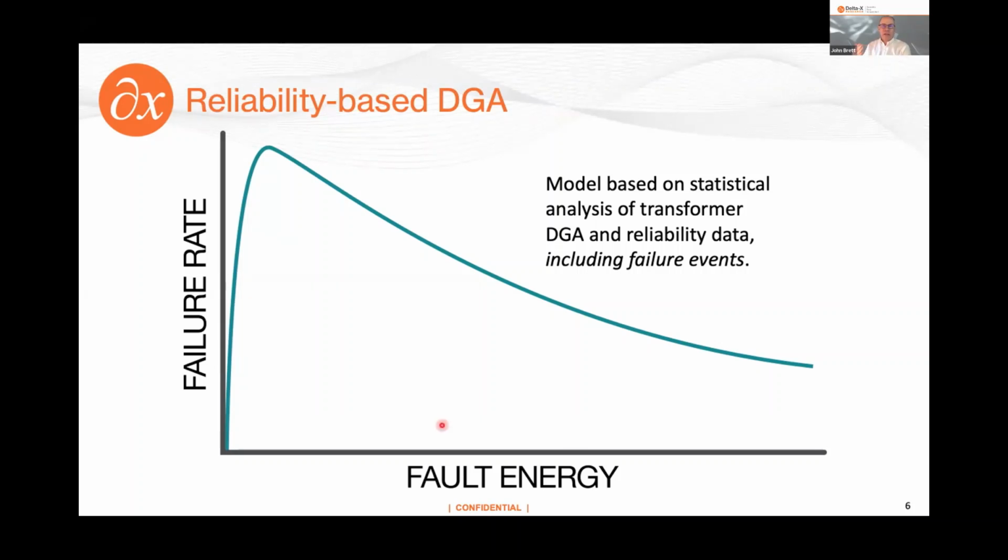What that is simply understanding is that the gassing is a symptom of a problem. And you can quantify the enthalpies of formation of each molecule of mineral oil. What does it take to convert that to a molecule of each of the key gases? You can use that as a weighting to get an understanding of approximately how much energy went into a fault.